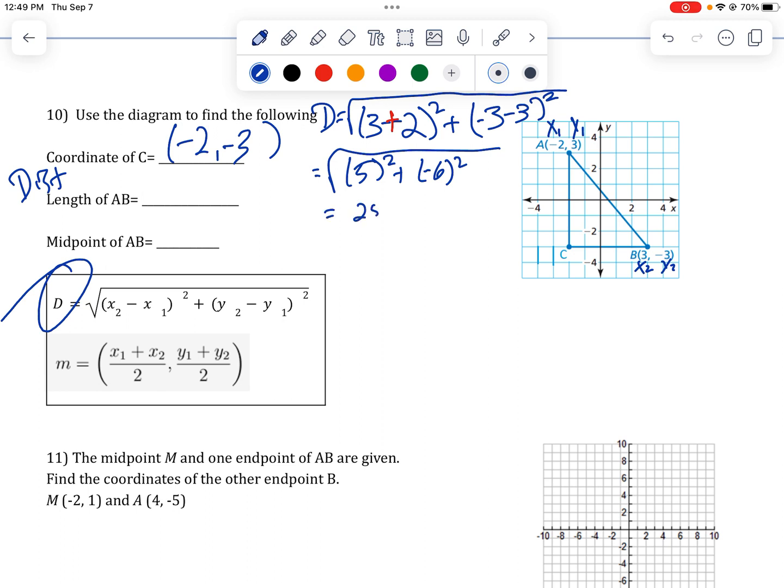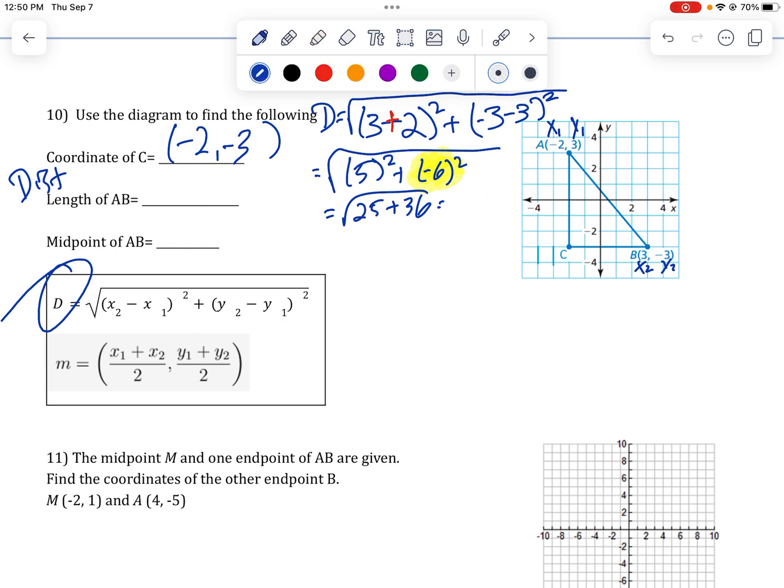5 squared is 25 plus 36. Remember, -6. Okay, this mistake comes up a lot. When I square a negative number, especially in my calculator, I need to make sure I use parentheses.